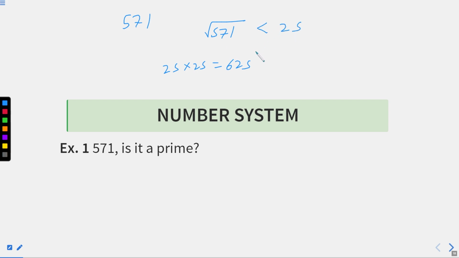Now let's do 24 times 24, which is equal to 576. So the approximated root is 24 something.